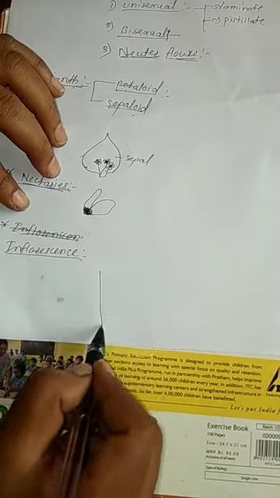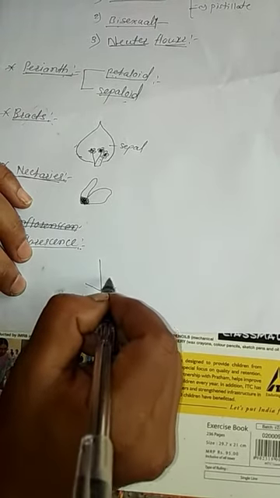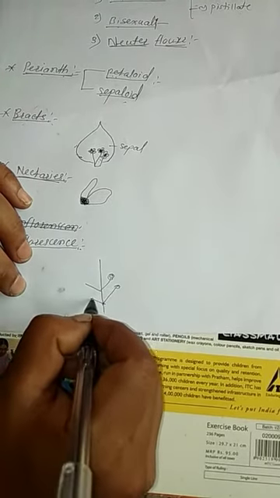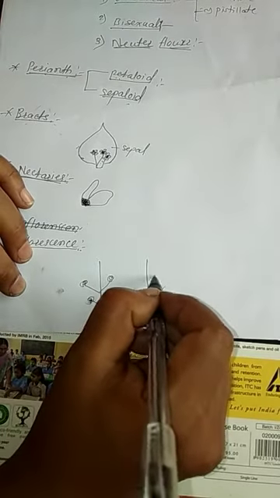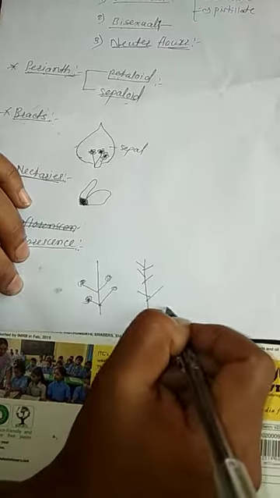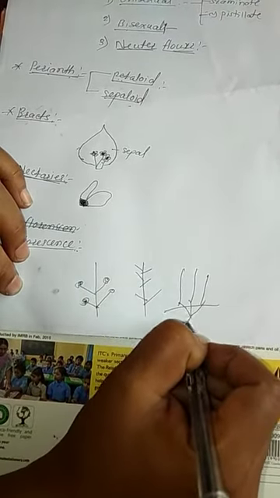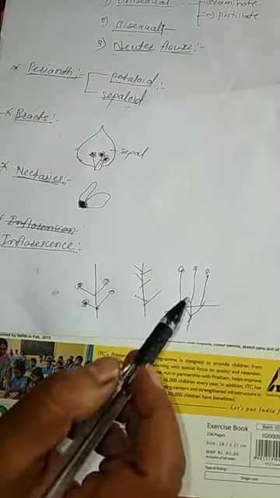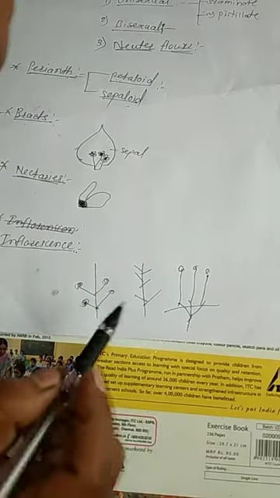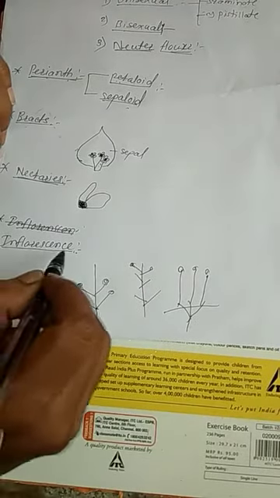See, this is a plant. In most plants, there are branches like that, and the flowers arise. This arrangement of the flowers, some are like that, some are like that. This arrangement of the flowers on the axis of the plant is called the inflorescence.